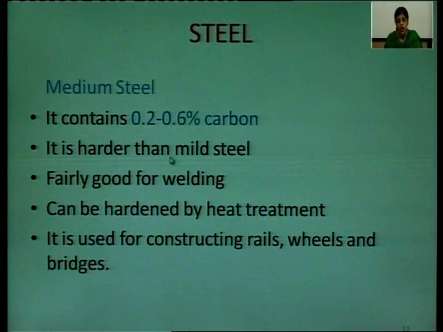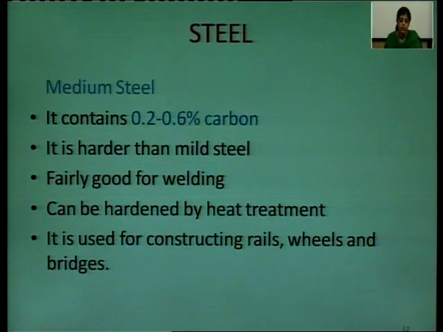It is fairly good for welding, you can weld it easily, and it can be hardened by heat treatments. Later on at the end of the lecture, I will be discussing about heat treatments. This steel can be hardened by heat treatments, and it is used for constructing rails, wheels and bridges. So, this is the medium steel.